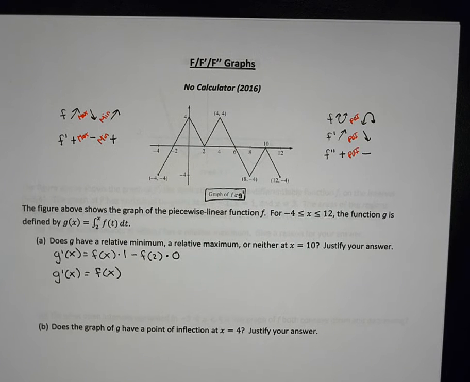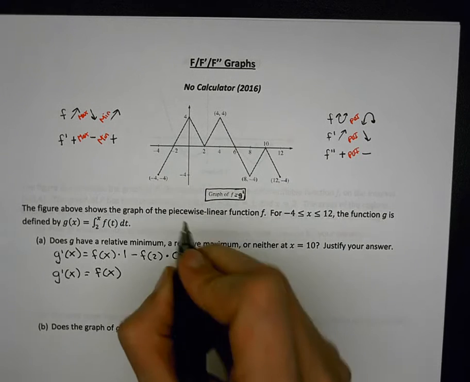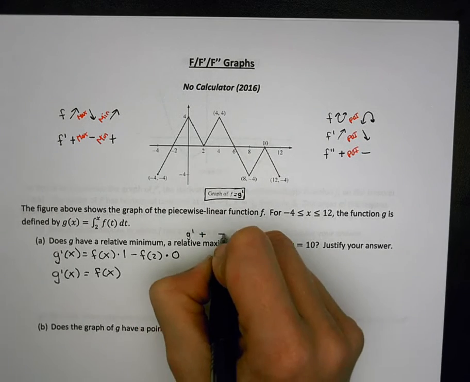And part A asks us, does g have a relative minimum, a relative maximum, or neither at x equals 10? And justify your answer. Okay, well, going back to Unit 3, for a function, in this case g, to have a maximum, its derivative, in this case g prime, would need to change from positive to negative.